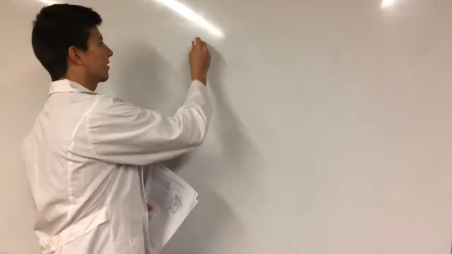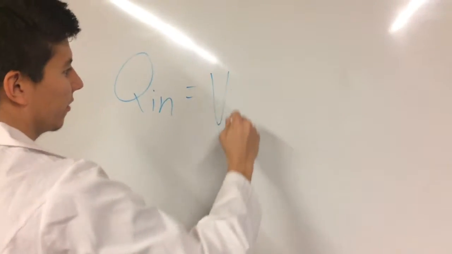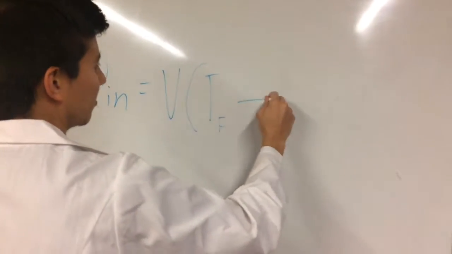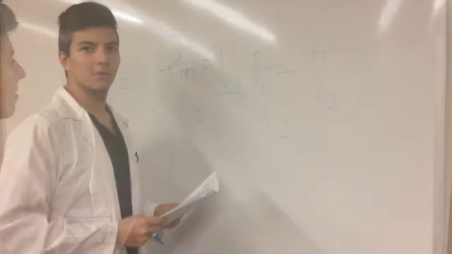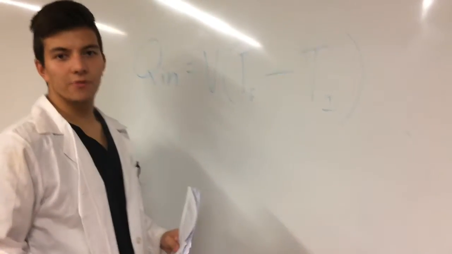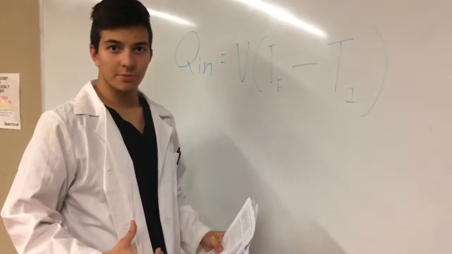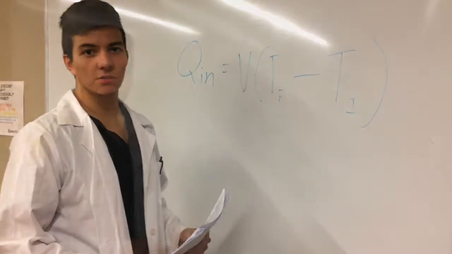So the quantity of cold that we're measuring is defined as Qn equals the volume times the temperature final minus the temperature initial. V is the volume of the injectate in milliliters. TF is the body temperature, and TI is the temperature of the injectate we're injecting into you.